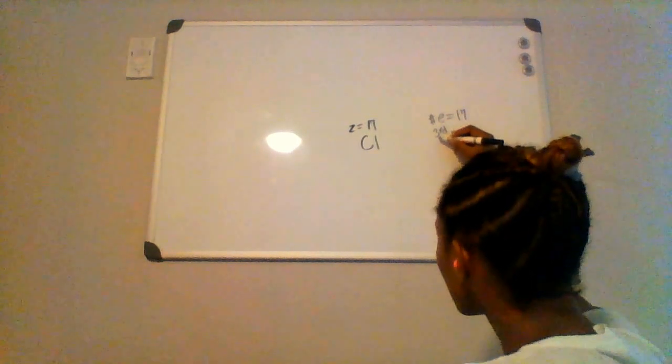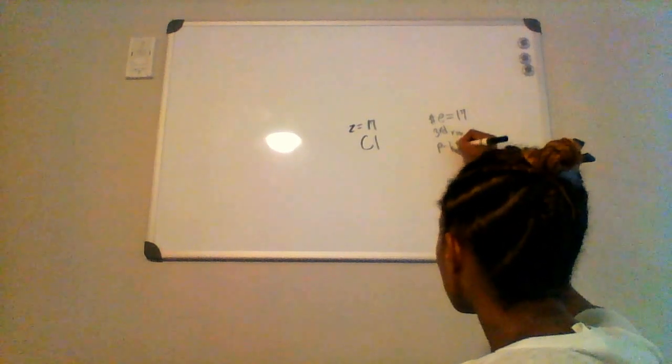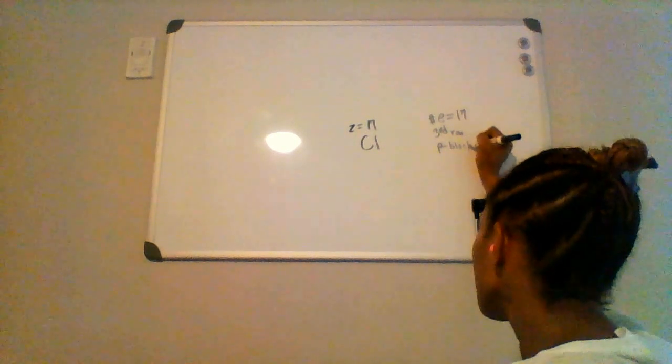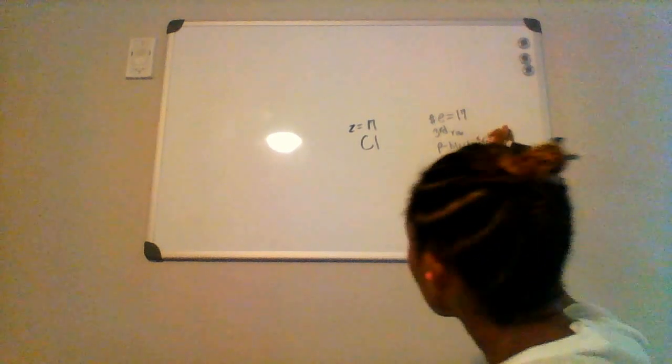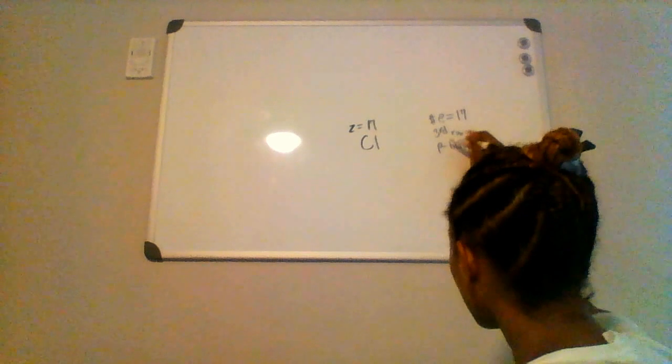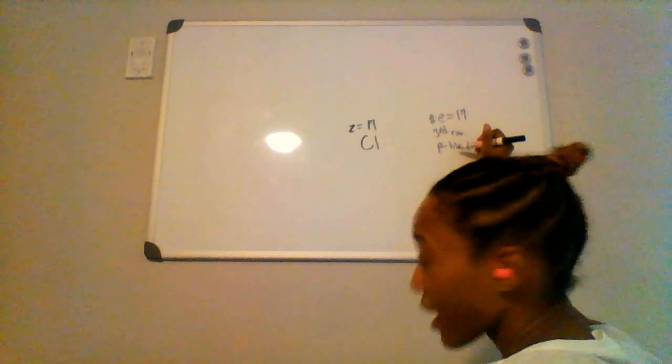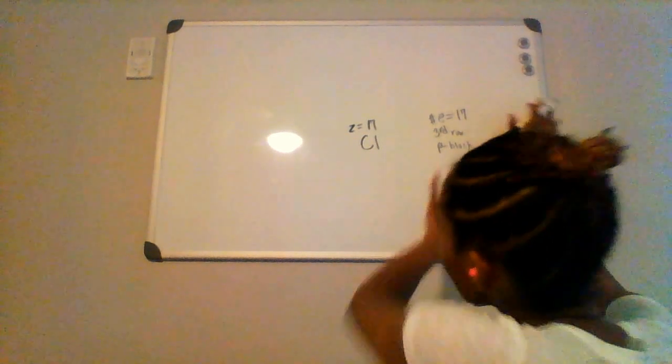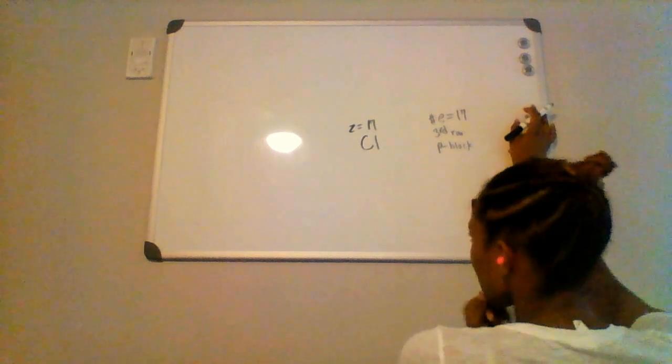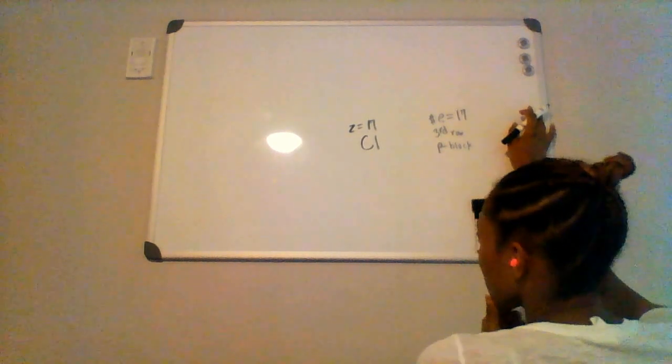So chlorine is found in the P block of the periodic table, meaning that its valence electrons occupy a p orbital. So let's use our information to write the electron configuration for chlorine.